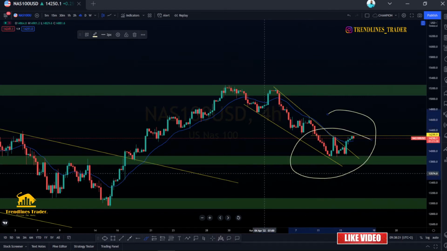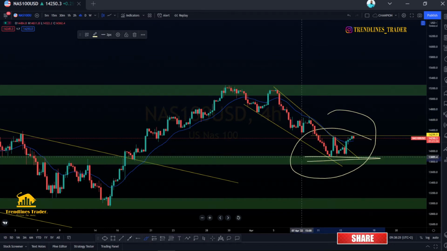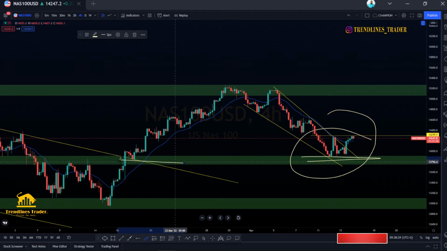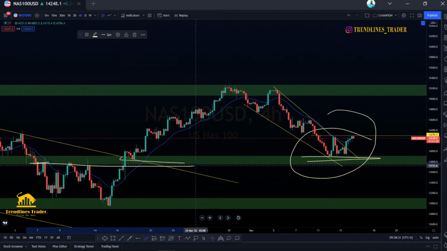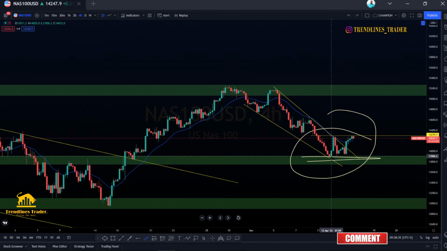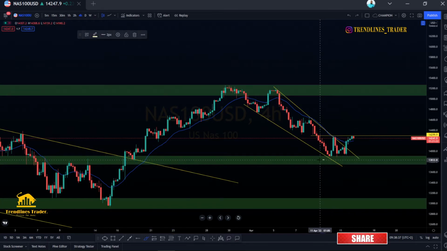The price didn't manage to break out of this level, which is our previous resistance, and now the price gave us this type of signal that it's respecting the area. You can see this is support.